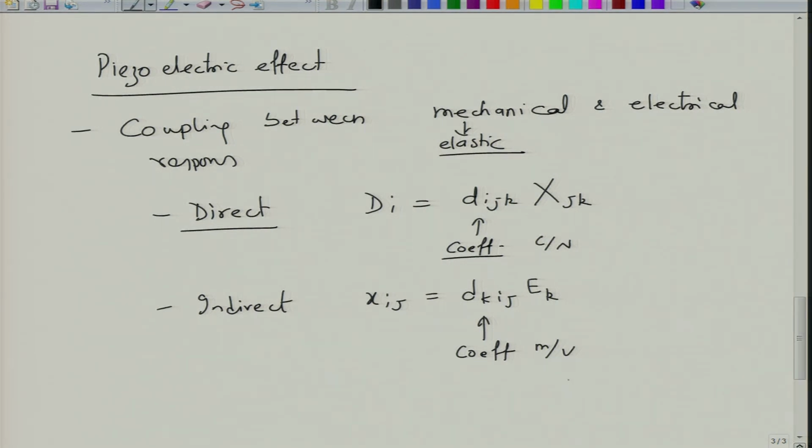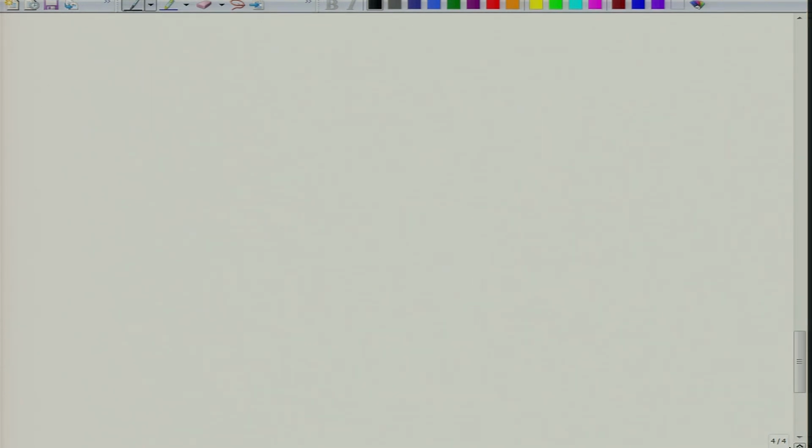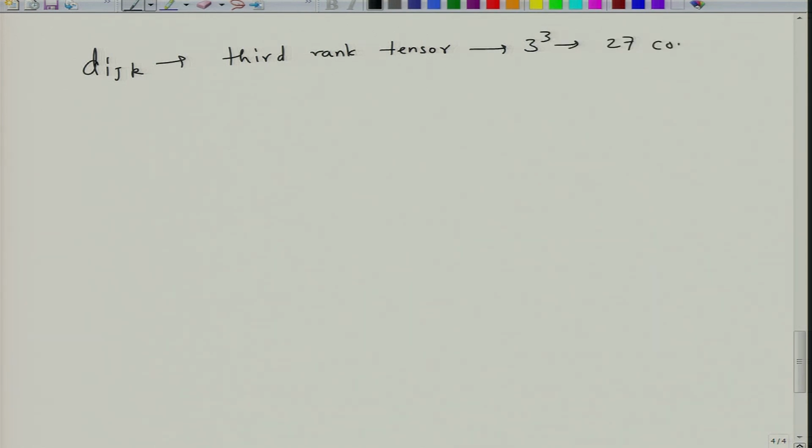Now if you look at this d i j k, this is a third rank tensor, right. A third rank tensor will have 3 to the power 3, which means 27 components.